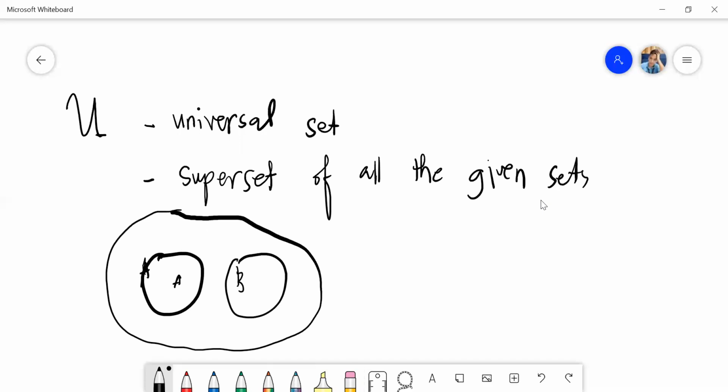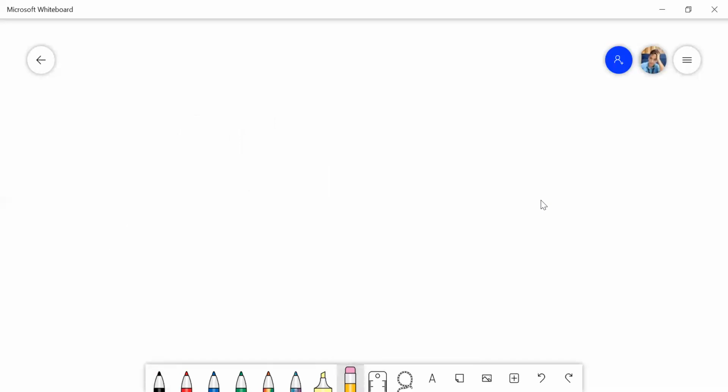Okay, because we have introduced the concept of universal set, we will introduce the concept of the operations of sets.